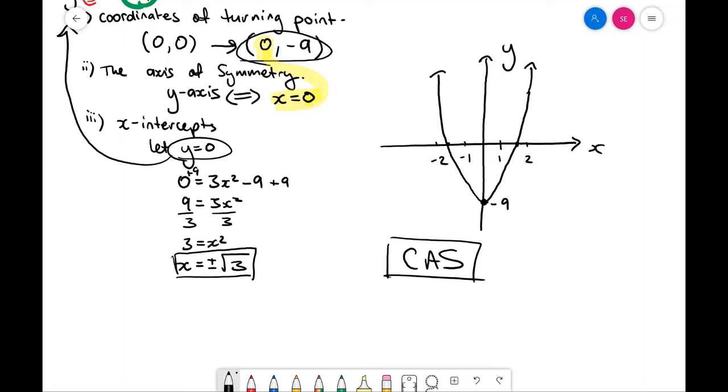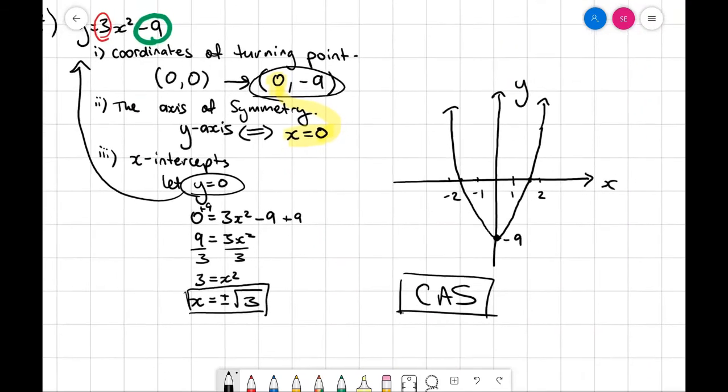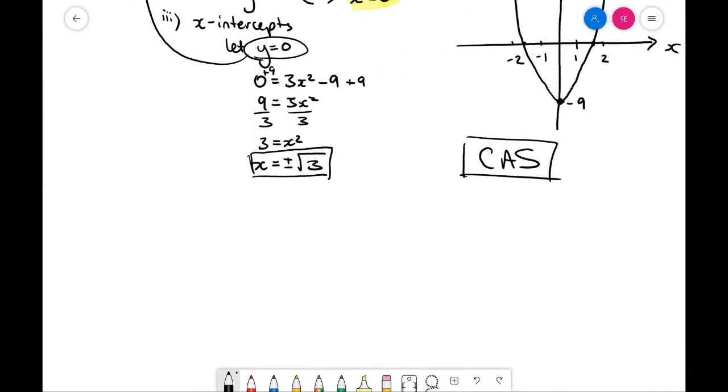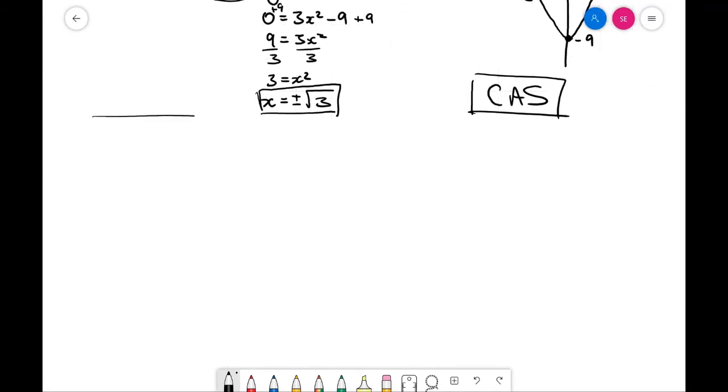Now let's have a go. So we've done moving up and down. We've also done dilating. Let's look at when we have the equation y is equal to (x minus h) squared.